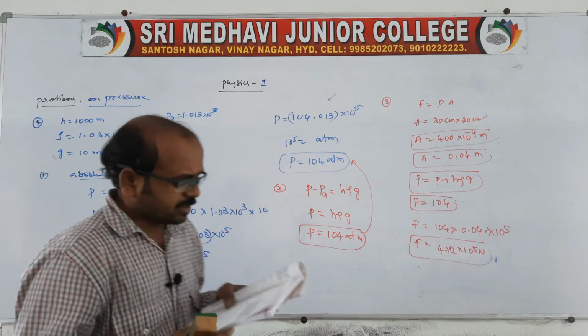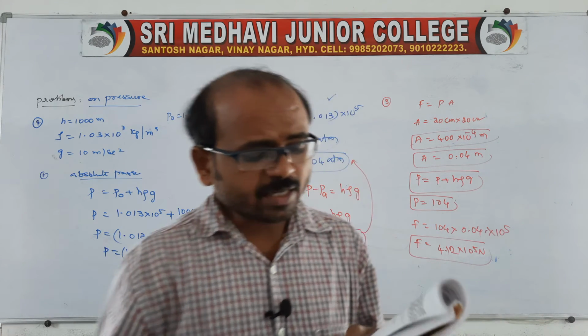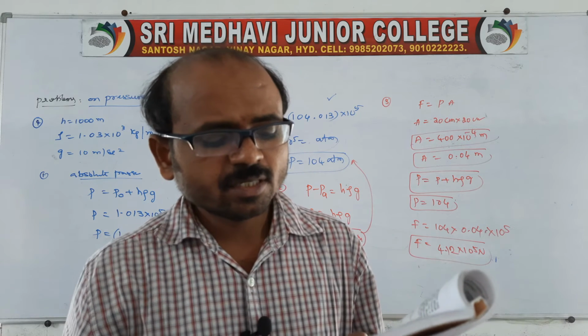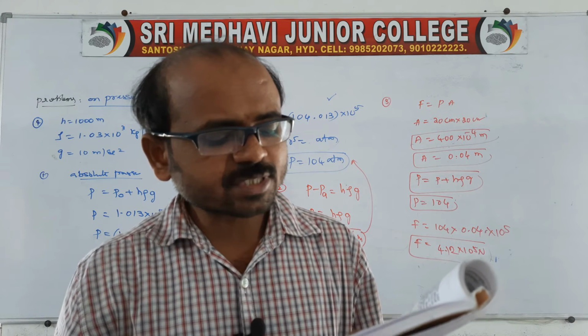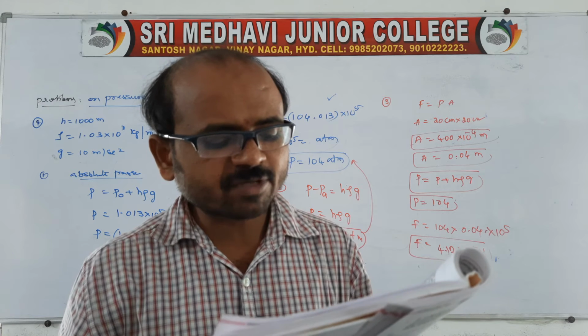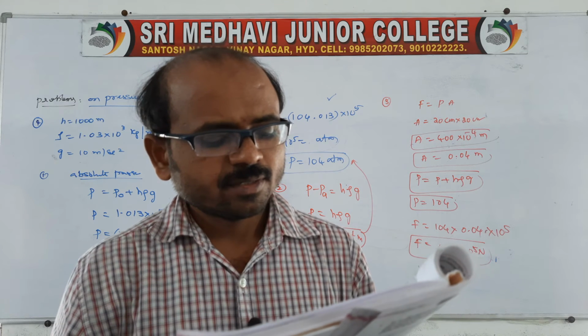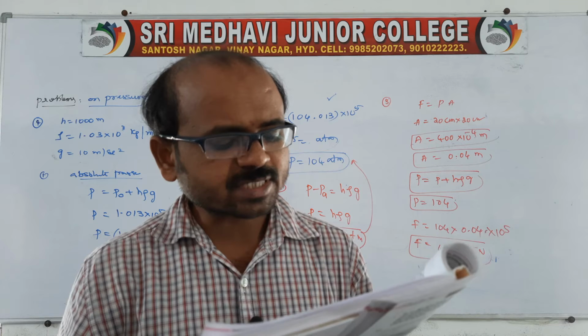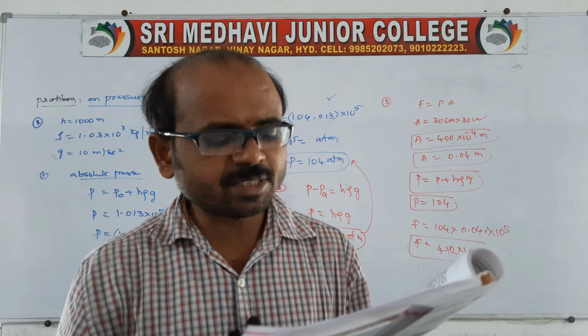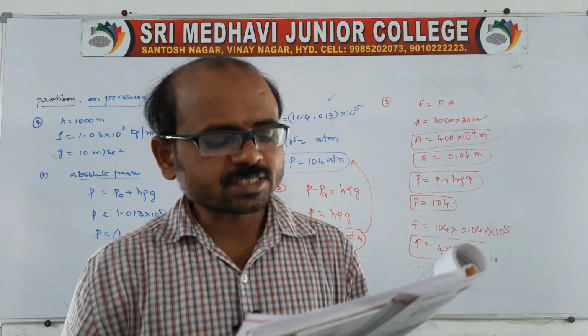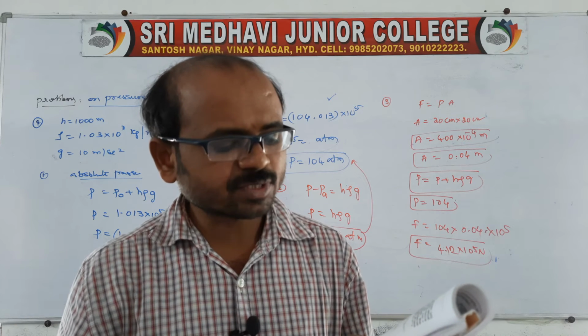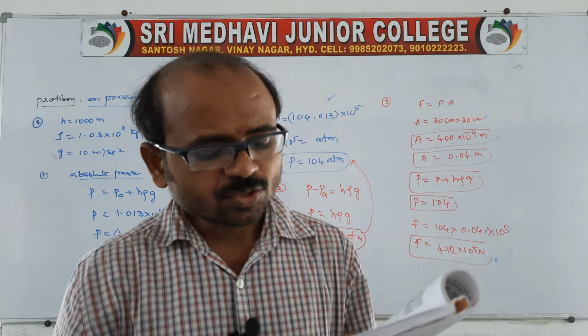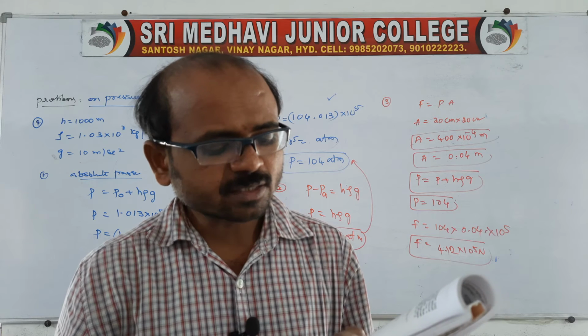In a car lift, compressed air exerts a force F1 on a small piston having a radius of 5 centimeter. This pressure is transmitted to a second piston of radius 15 centimeter. Of course, it is given in the figure, but the figure is not there. The mass of the car to be lifted is 1350 kg. Calculate F1.